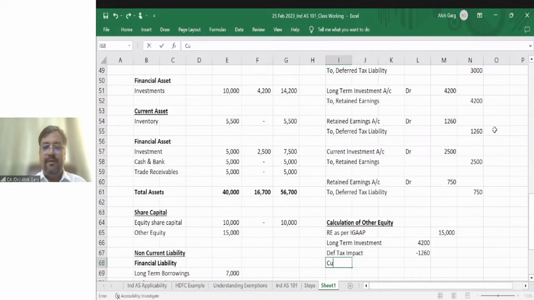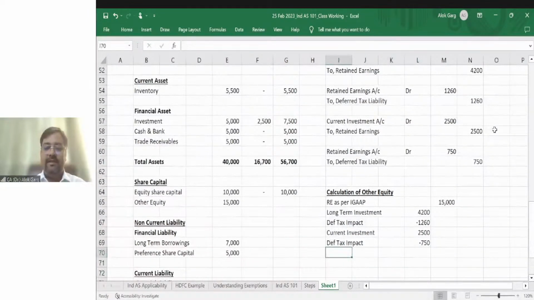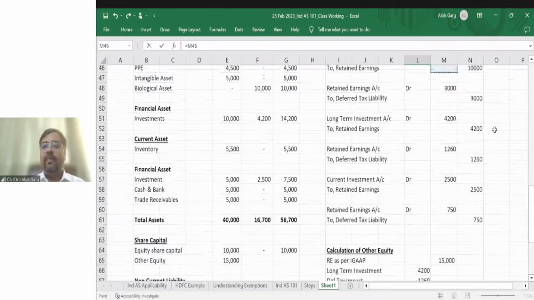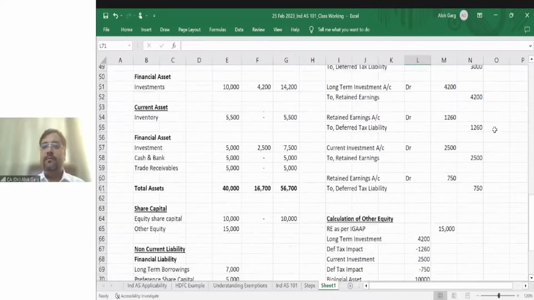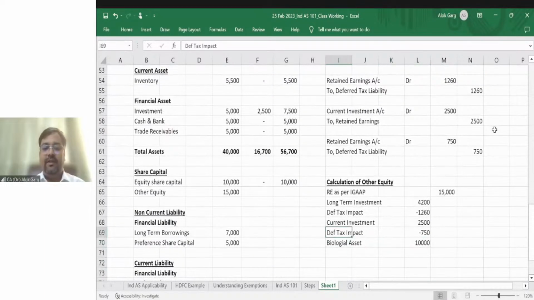Again, current investment, there is an increase of 2,500, but for the deferred tax impact, there is a decrease of 750. Biological asset, there is an upside of 10,000, but there is a downside of 3,000 also on account of tax.